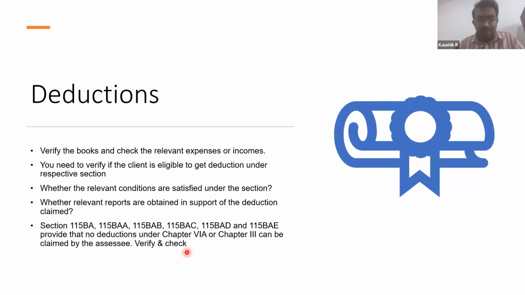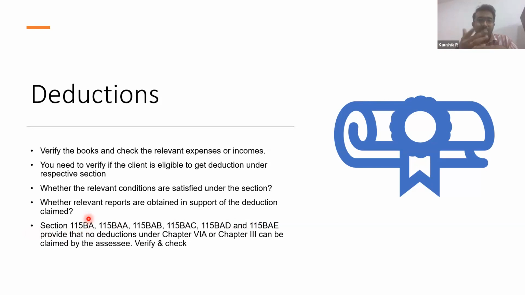Sections 115BA, BAA, BAB, BAC, BAD, BAE, all these are beneficial or lower tax rate sections. Suppose you choose the benefit under this section, then your tax rate gets reduced. But also, some of your beneficial provisions will go.